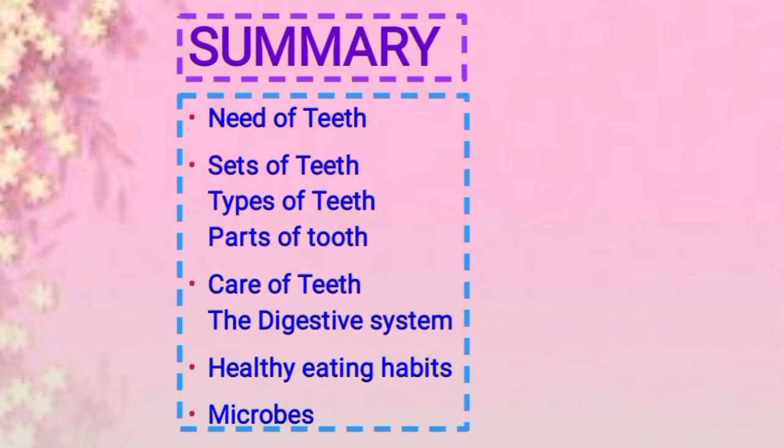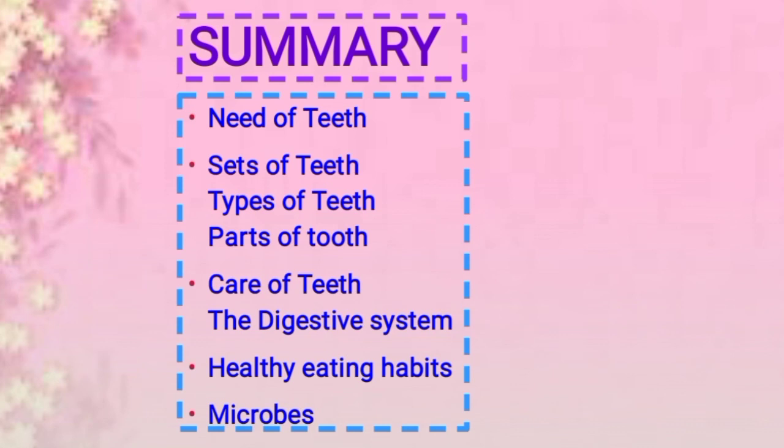Second topic, sets of teeth. So as you know, human beings have two sets of teeth, temporary and permanent. By the time a child is 2.5 years old, the first set of 20 teeth appears, which is temporary teeth, also called milk teeth or primary teeth.